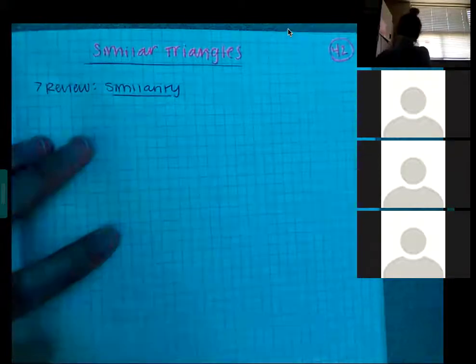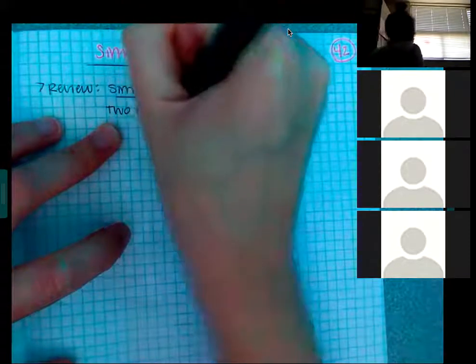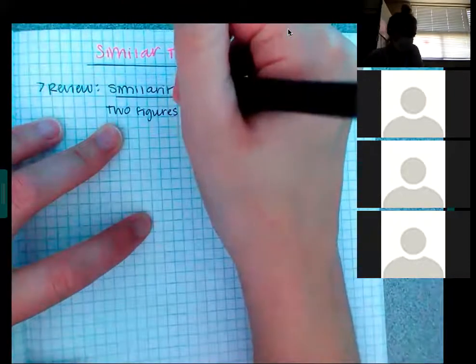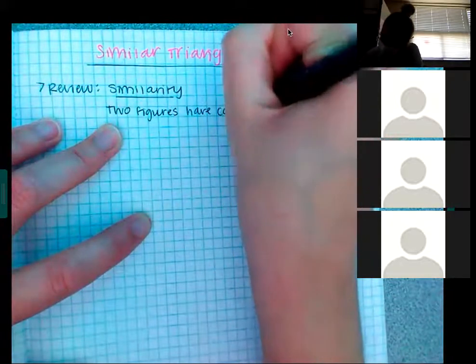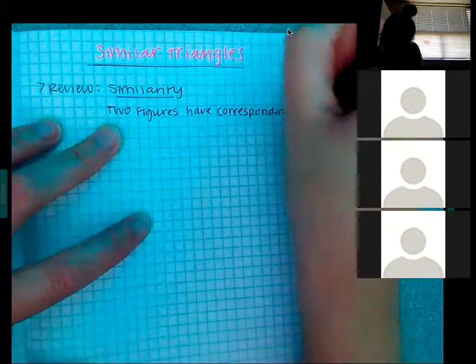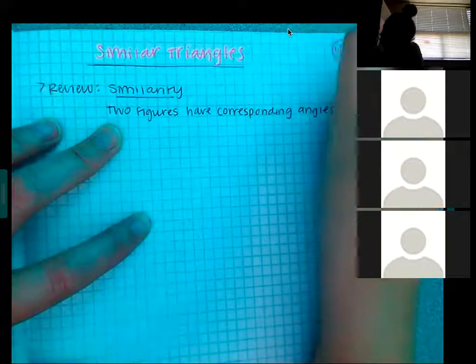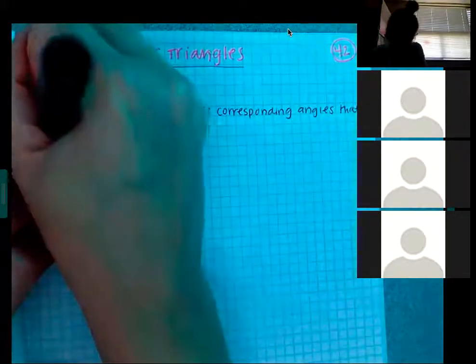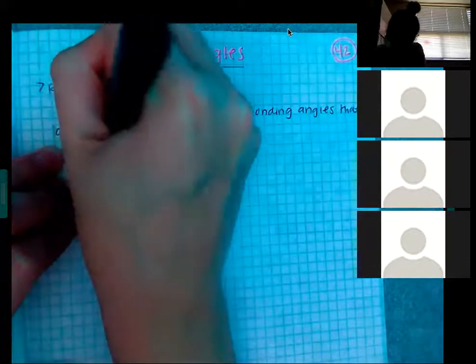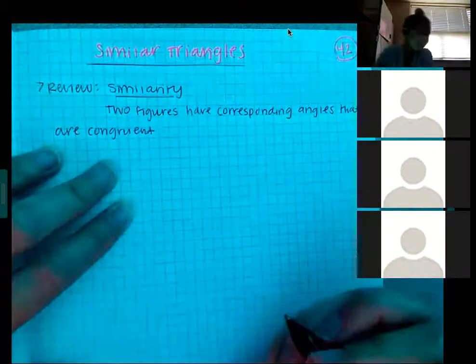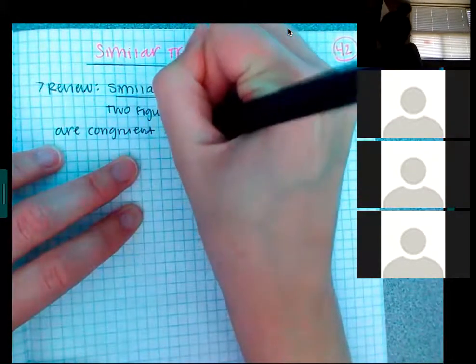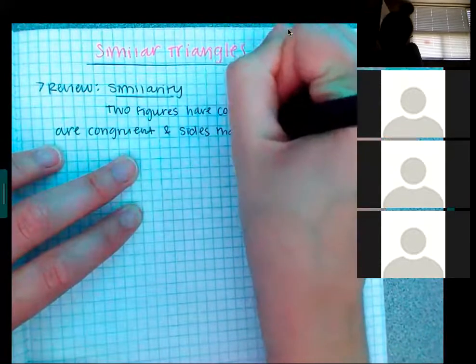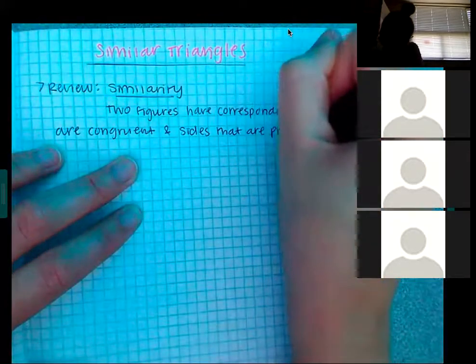So similarity is when two figures have corresponding angles that are congruent and sides that are proportional.